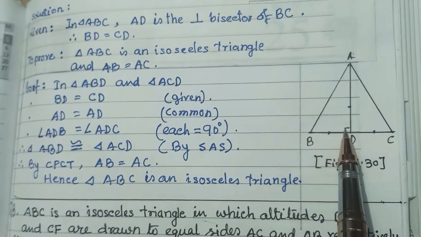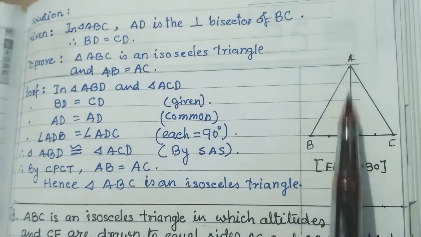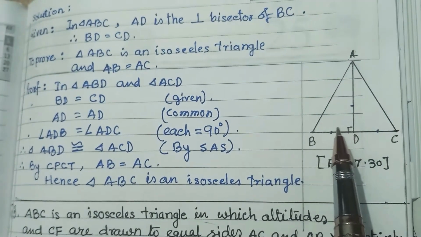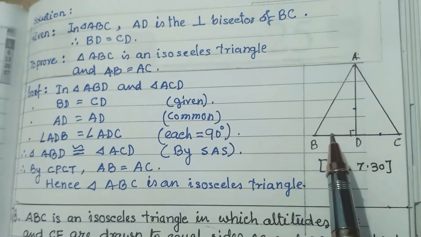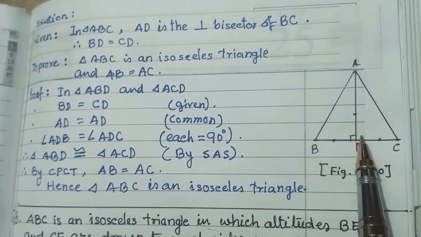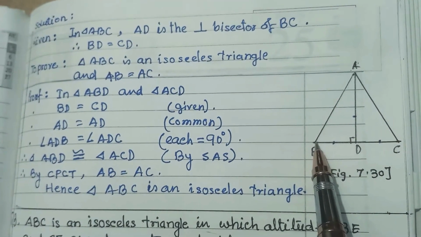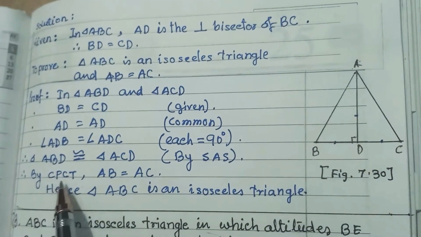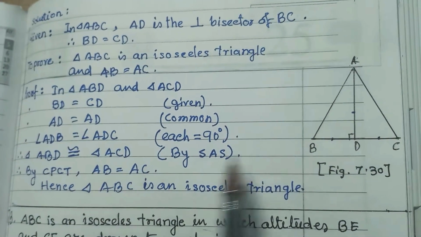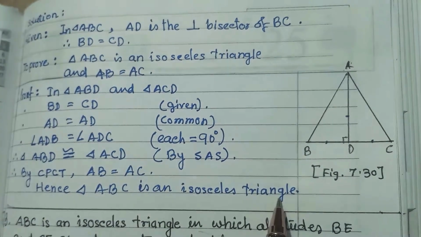BD is equal to CD, because D is the midpoint. AD is the common side, and angles ADB and ADC are 90 degrees. Therefore, by the side, angle, side congruency rule, these two triangles are congruent. Therefore, by CPCT, AB is equal to AC. So ABC is an isosceles triangle.